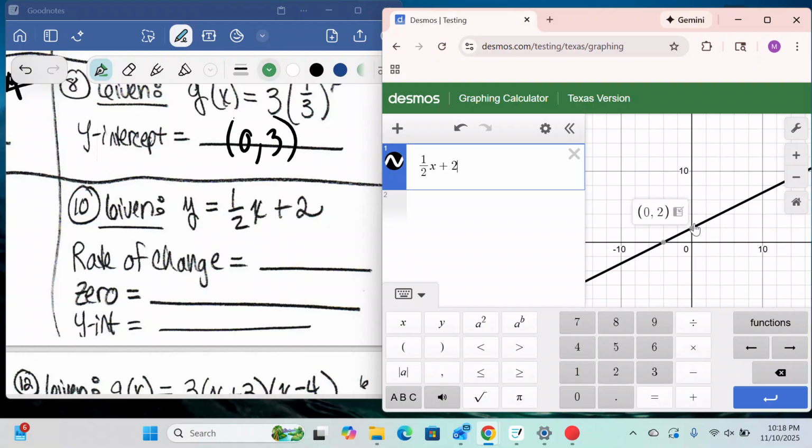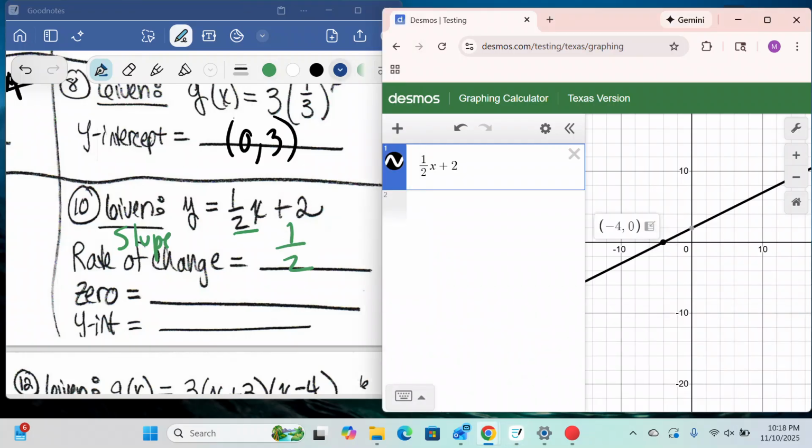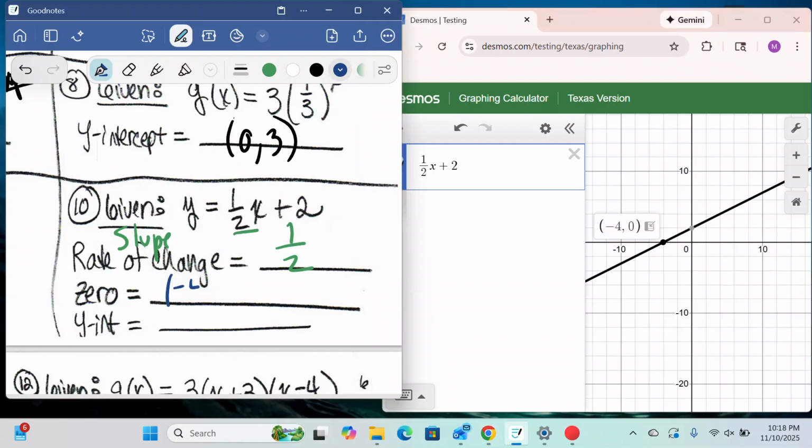My rate of change, another word for rate of change, is called slope. And again, my slope is this one. So my slope is 1/2. It is positive. And then of course, if I want to find my 0, all I have to do is find my x-intercept, and it is negative 4, 0. That's my x-intercept, so the 0 would be negative 4.